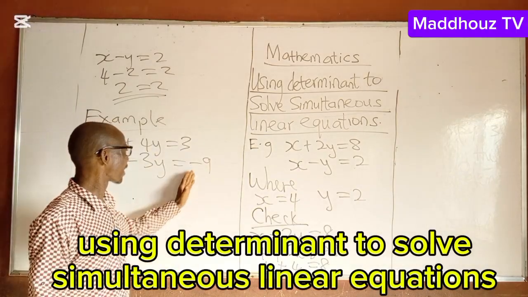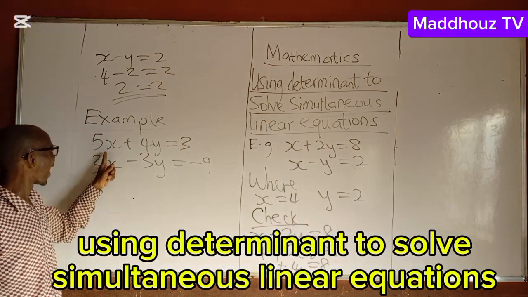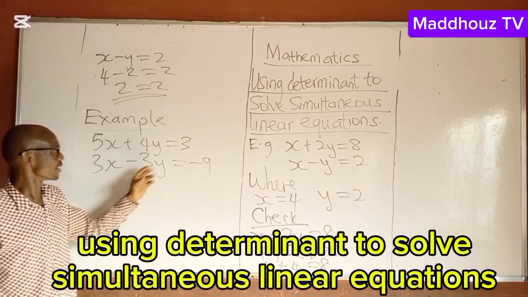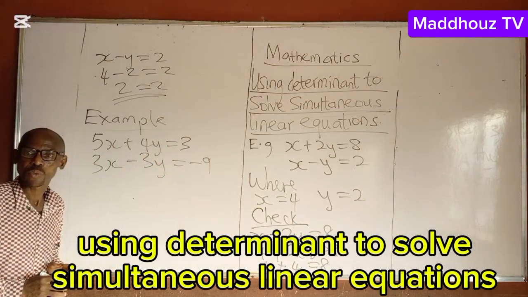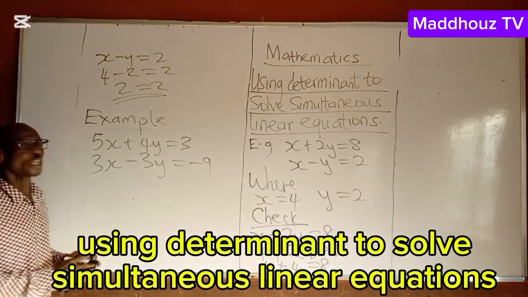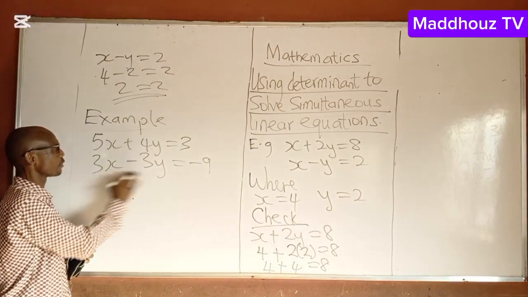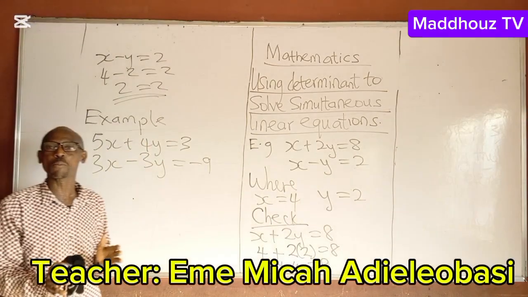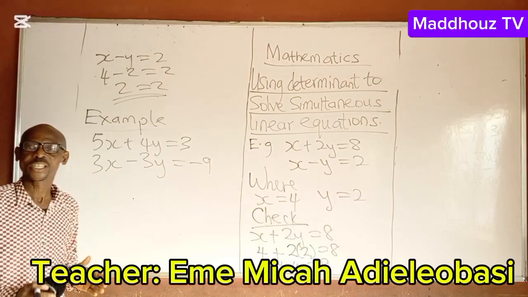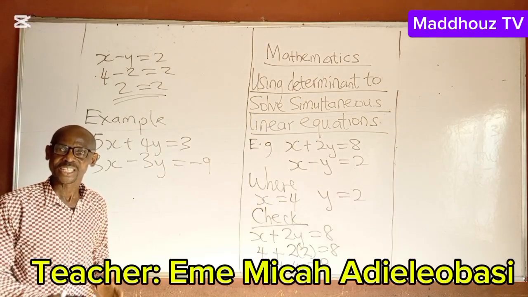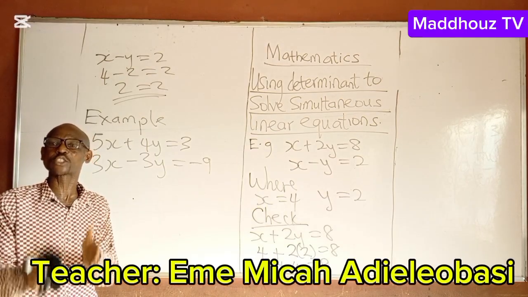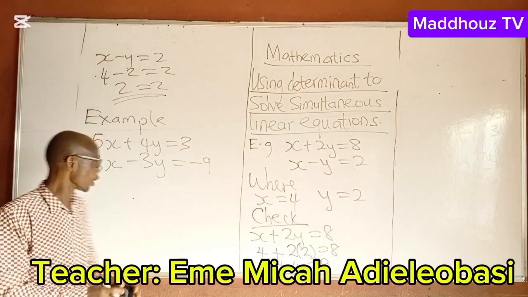How do we use determinants to find the value of x and the value of y? We are going to use the coefficients of x and y in each of the equations to form a matrix, and we find the determinant of that.